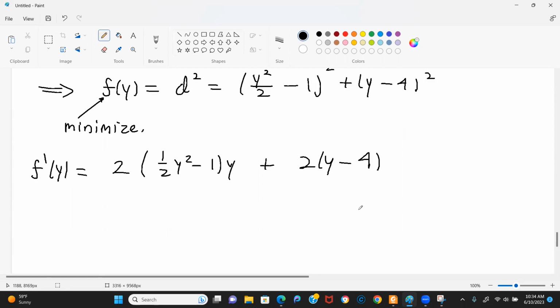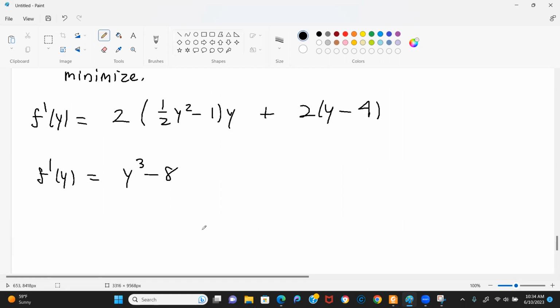If you simplify this, I'm not going to go through all the steps, you're going to get y cubed minus 8. So if you set this equal to 0, then y has to be 2.